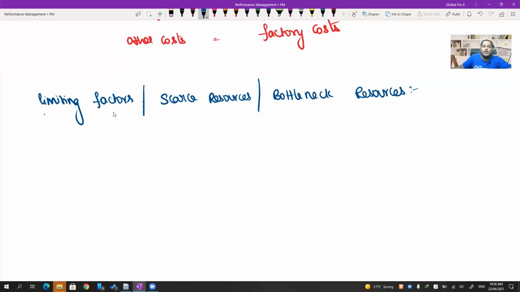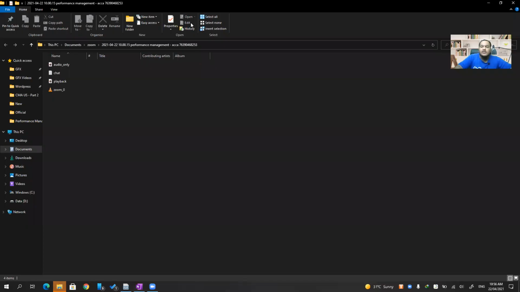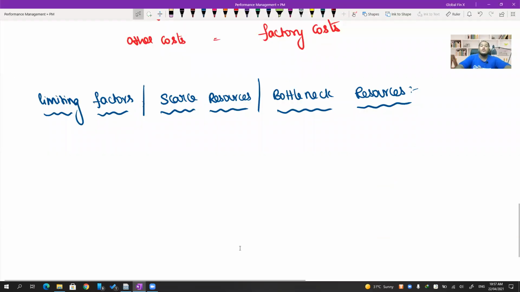What exactly do we mean by limiting factors, scarce resources, or bottleneck resources? There could be limited availability of raw material, or the number of labor hours is only this much. You cannot get more than this many labor hours, or machine hours. Labor hours, raw material, anything that is restricting your activity levels is called a scarce resource, limited resource, or bottleneck resource.